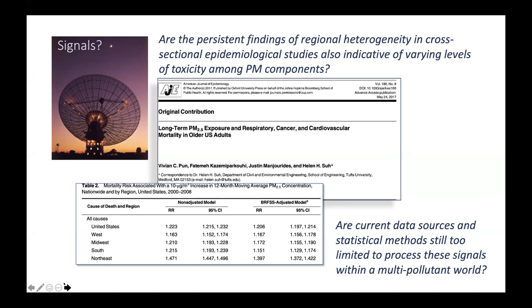So with all these signals coming in from geographic factors and component factors, are the current data sources and statistical methods still too limited to really process all these signals within a multi-pollutant world?